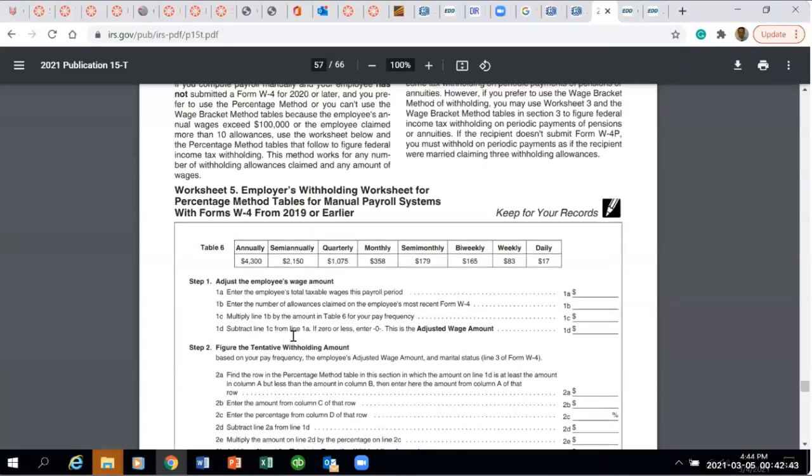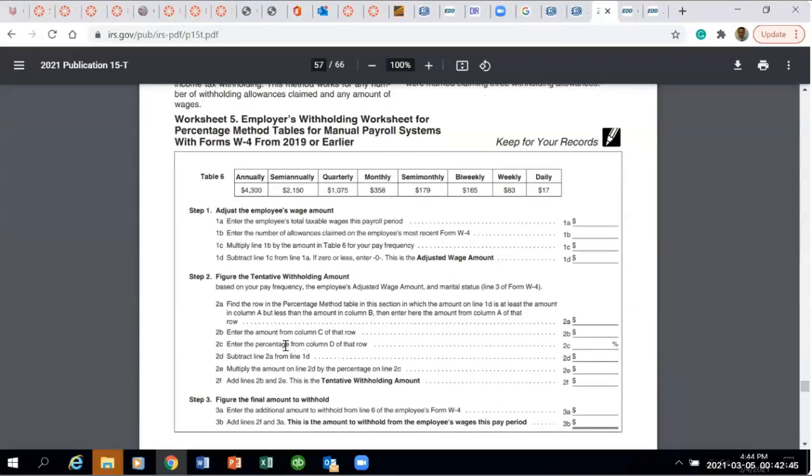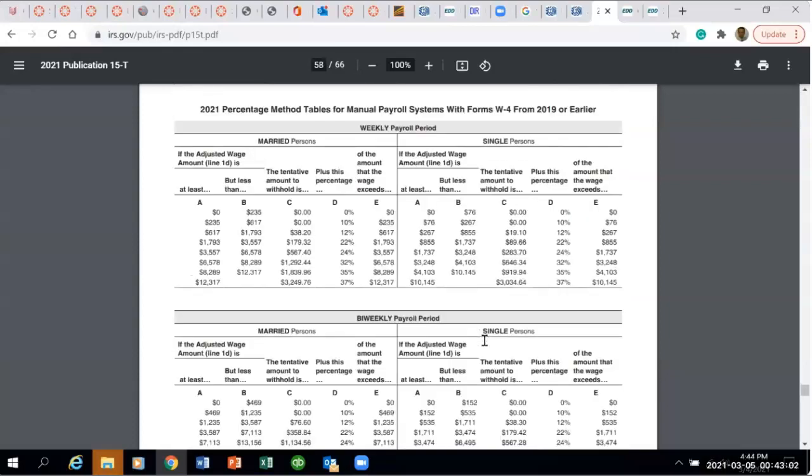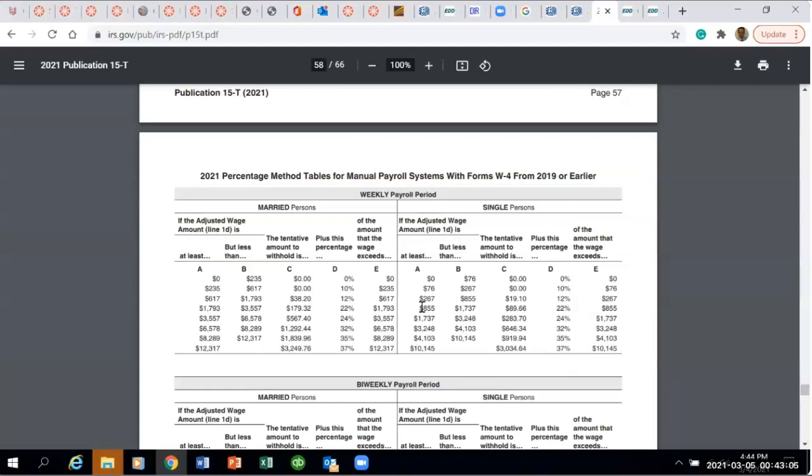Here says enter the percentage from column D of that row, which is 22%. 22% for what?